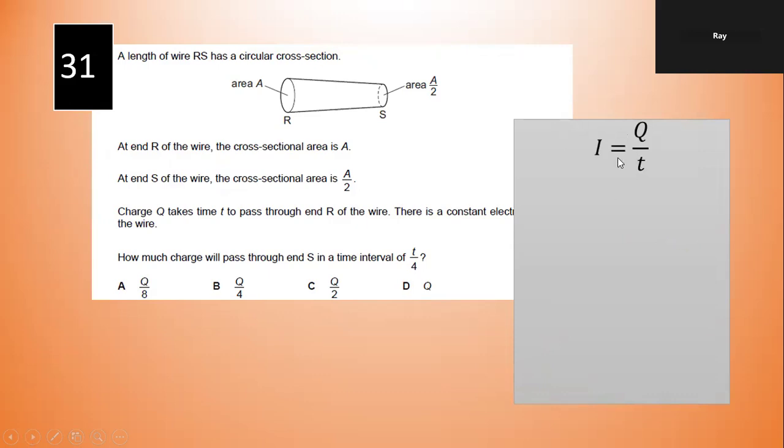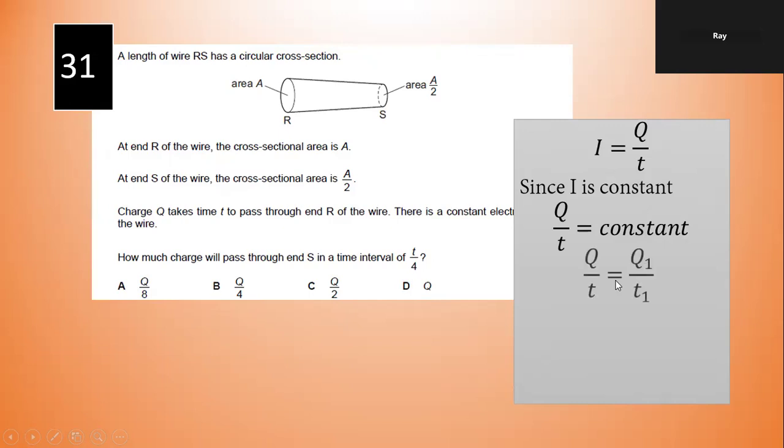There's a formula I equals Q over T. I is constant, the current flowing through the wire is constant, doesn't change. So it means that Q over T is constant. Q1 over T1 will be the same.